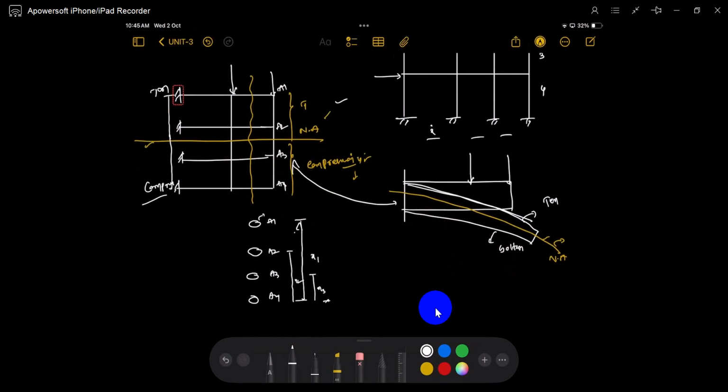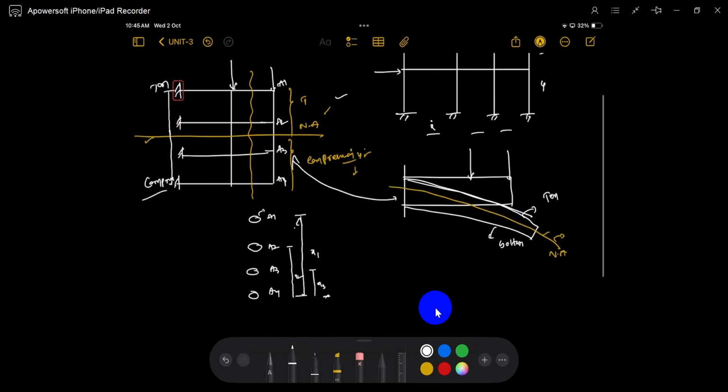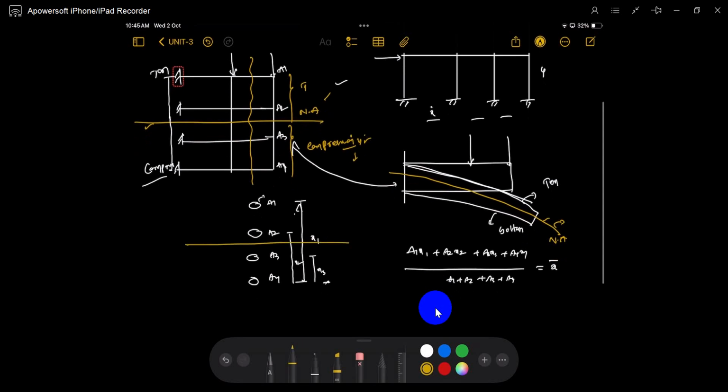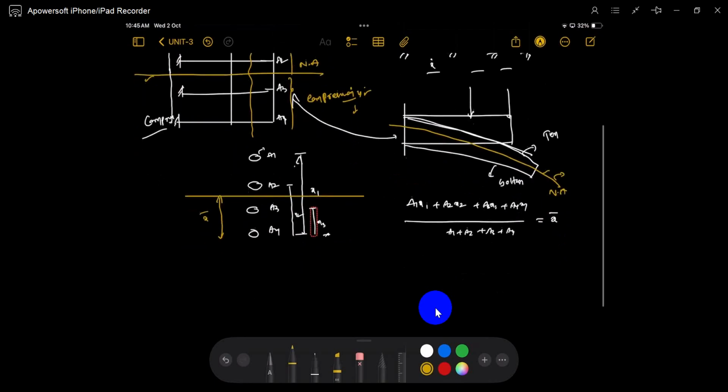So where is the neutral axis? Like the center of gravity: A1x1 plus A2x2 plus A3x3 plus A4x4, divided by A1 plus A2 plus A3 plus A4. That is the neutral axis. Maybe the neutral axis will come somewhere here. This is x dash.